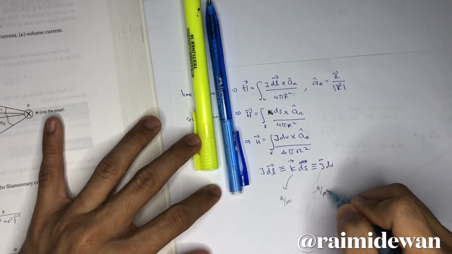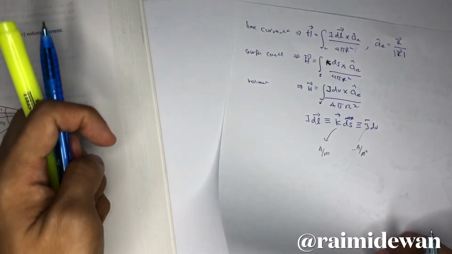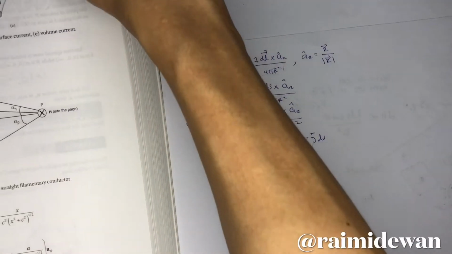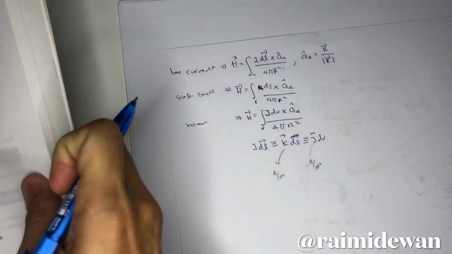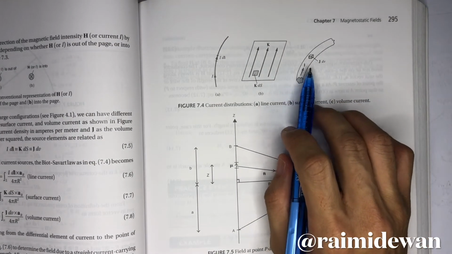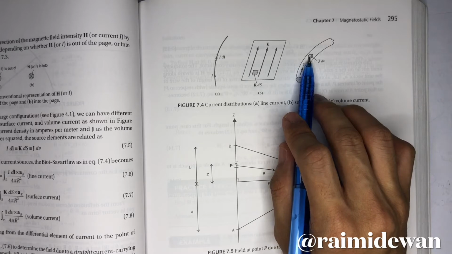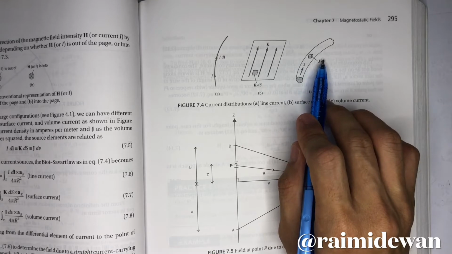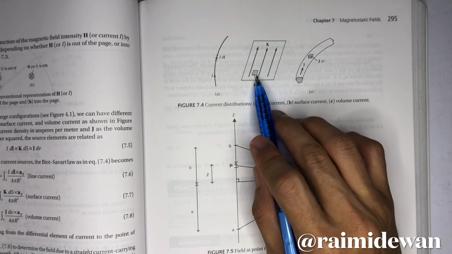You know why it is ampere per meter squared, as I showed you just now. So J is the volume current density times the differential of volume. How about K?